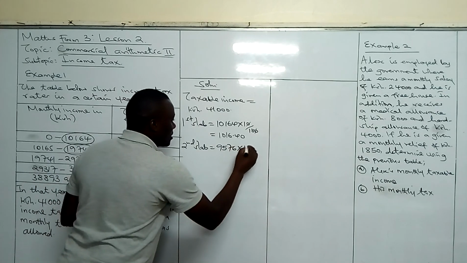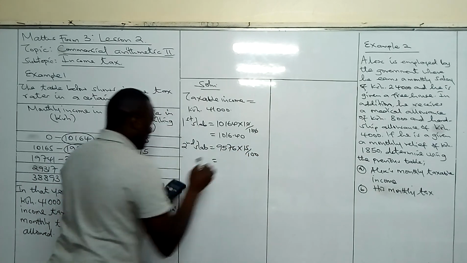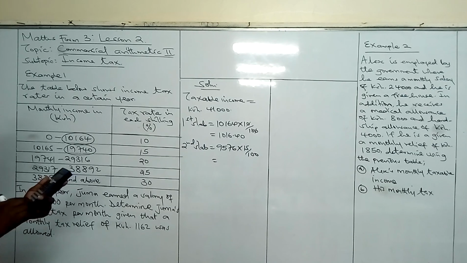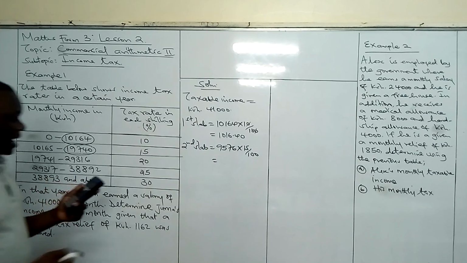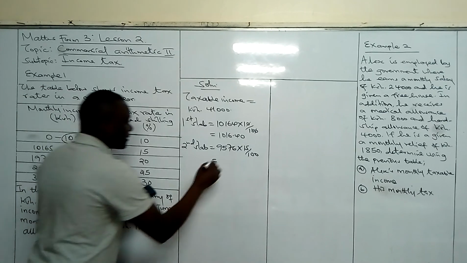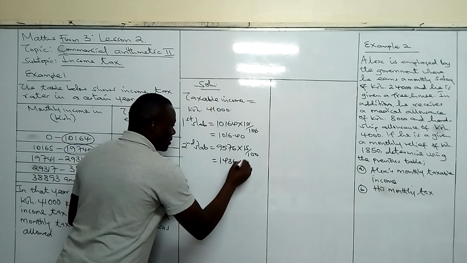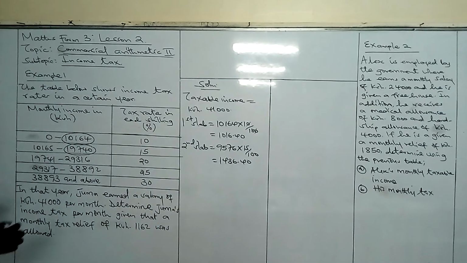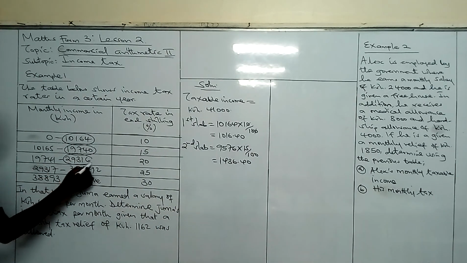Then times the rate, which is 15 over 100. Then I will multiply it by 15. Then I divide by 100, which will give me 1436.40 cents.